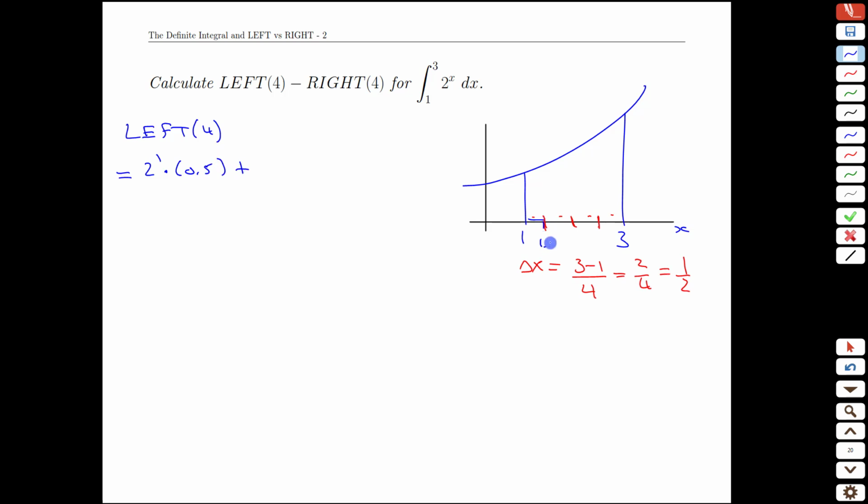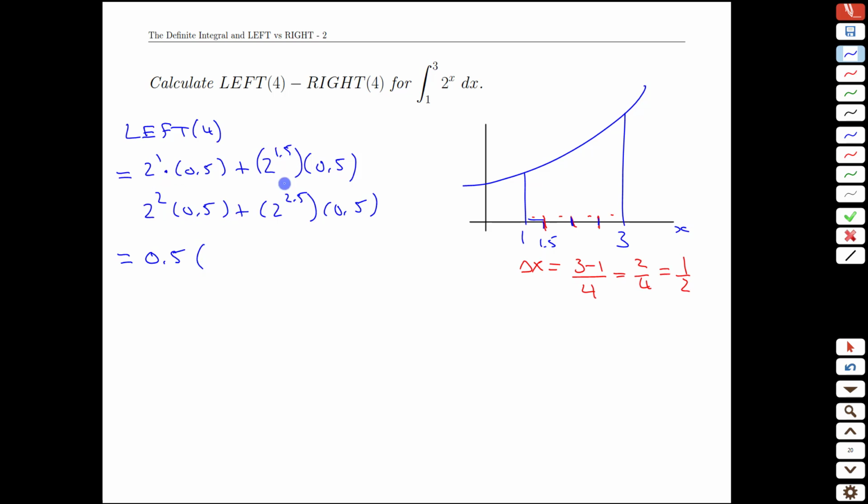Then we're going to be at 1.5, and we go up to the graph. So that'll be 2 to the 1.5 times the width. We should have 4 terms in total. You can start to see the pattern early on. The next point is 2, we go to the graph, and the last point is at 2.5, so we'll have 2 to the 2.5. We can factor out the 0.5 and add up all the other values with the calculator.